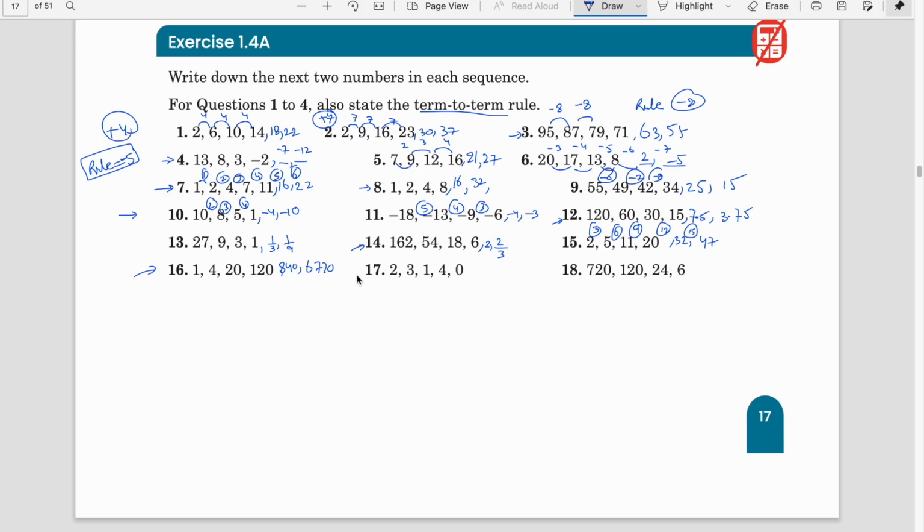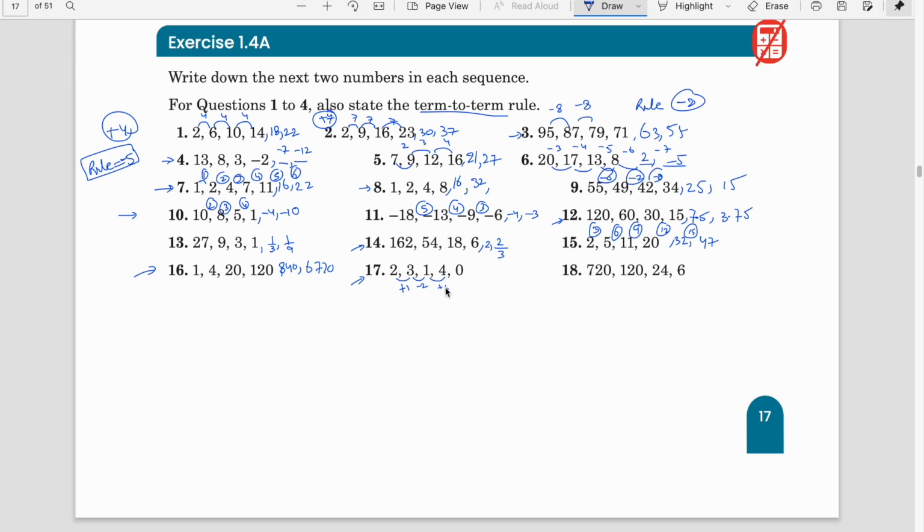Okay. Now 17 again, some unusual sequence. 2, 3, 1, 4, 0. It is increasing and decreasing. So what should be the sequence? This is plus 1, then minus 2.